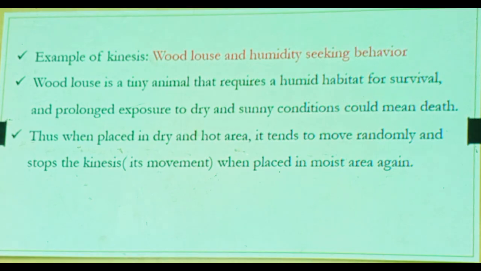If you take it from its humid environment and put it in open sunlight, that woodlouse shows an increased activity. Oh, this is not my safe environment. So, by chance, if it may throw itself into a humid environment, it stays.